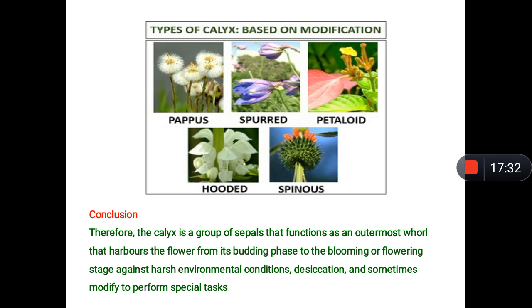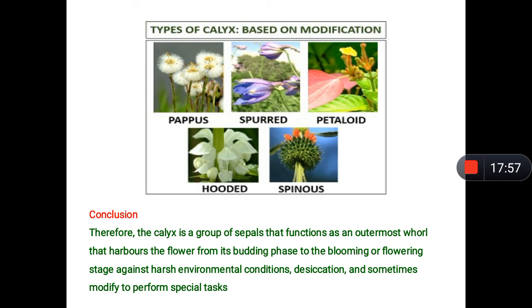Finally, we can conclude that the calyx is a group of sepals that functions as an outermost wall that harbors the flower from its budding phase to the blooming or flowering stage against harsh environmental conditions, desiccation, and sometimes is modified to perform special tasks.